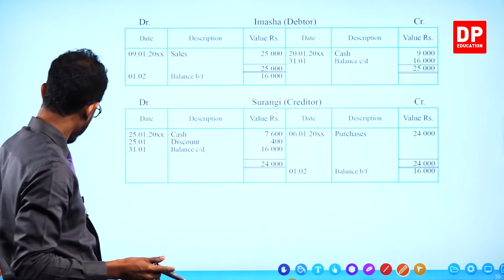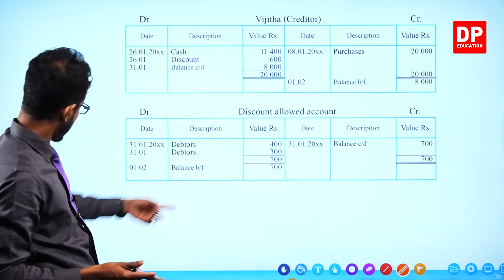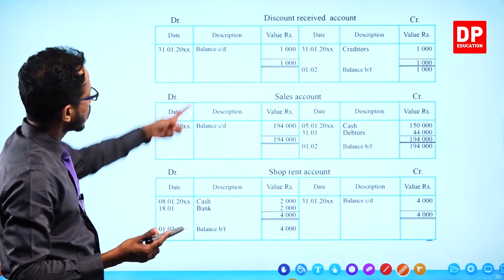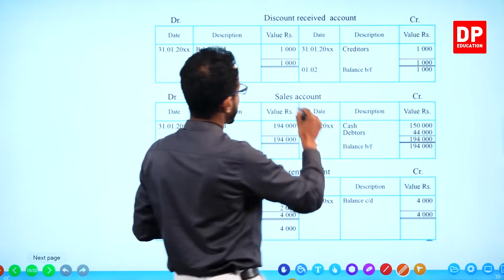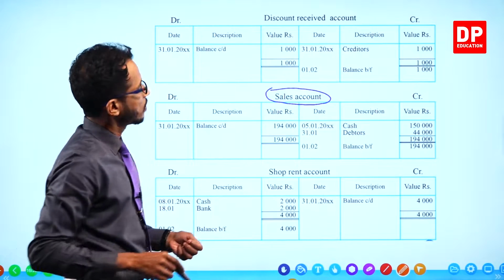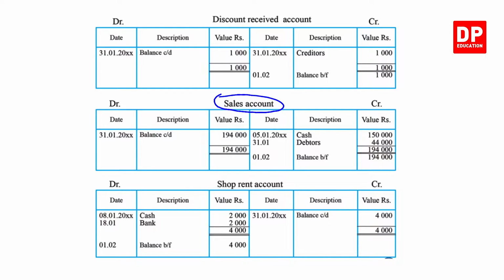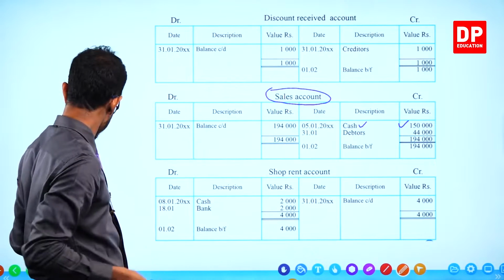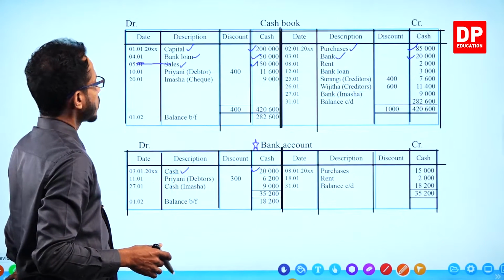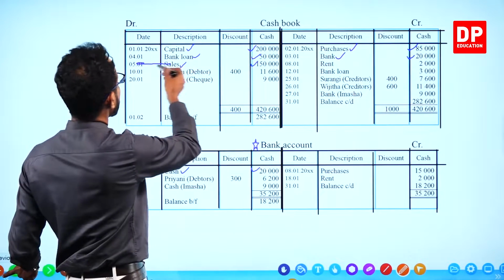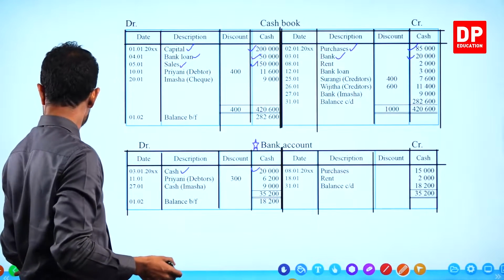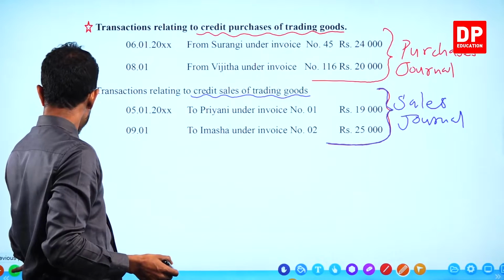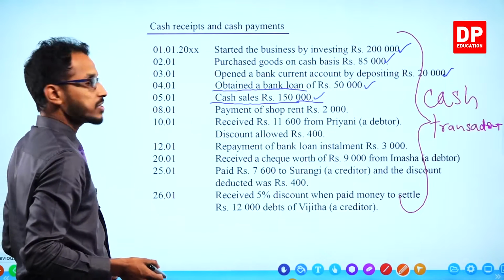Where has it gone? No, this is the sales account here. Okay, credit to sales 150,000. It's there. This transaction, yeah, it's done. We are checking the next transaction now.